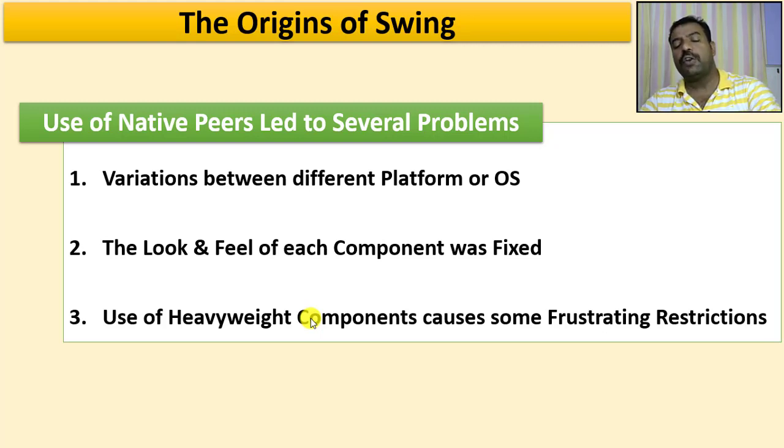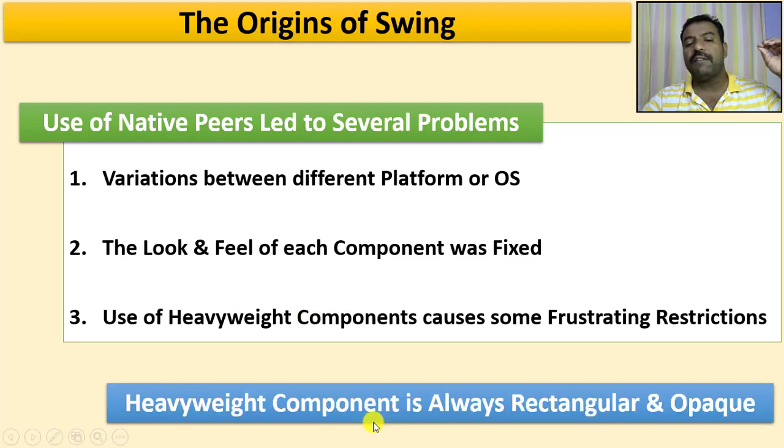Whenever we use AWT, the native or system API, we get system-specific configuration problems. The heavyweight component is always rectangular and opaque.